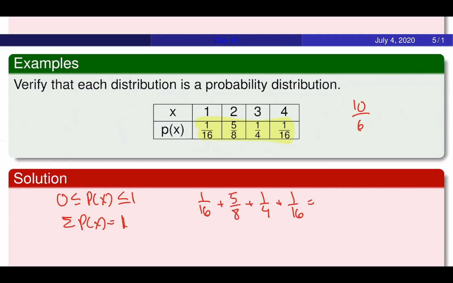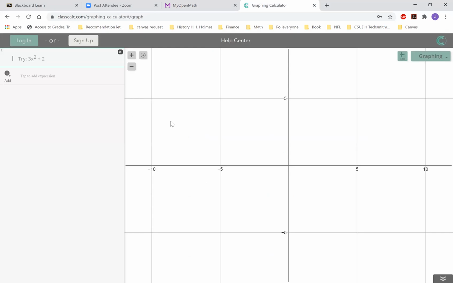Here, we can actually do this in ClassCalc. Let's go to ClassCalc. All right, so in ClassCalc, we could do 1 divided by 16, then plus 5 divided by 8, then plus 1 divided by 4, plus 1 divided by 16.